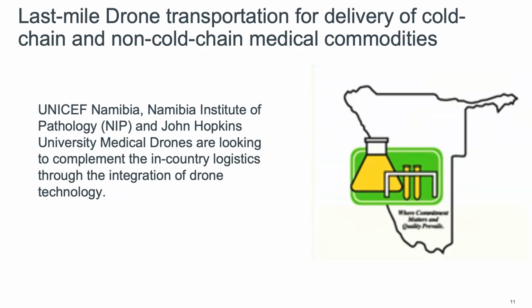This is in partnership with the Namibia Institute of Pathology and Johns Hopkins University Medical Drones Department, trying to implement this system and complement the in-country logistics network for the NIP. Next page.